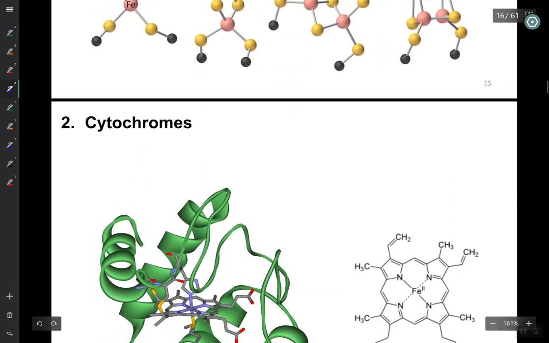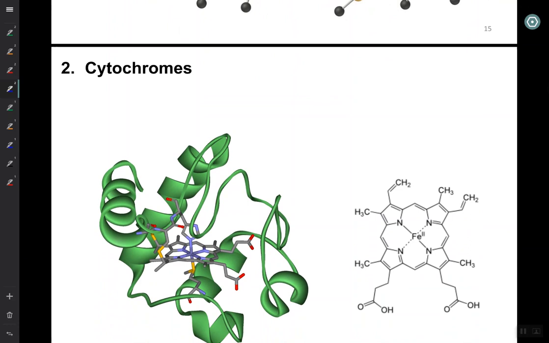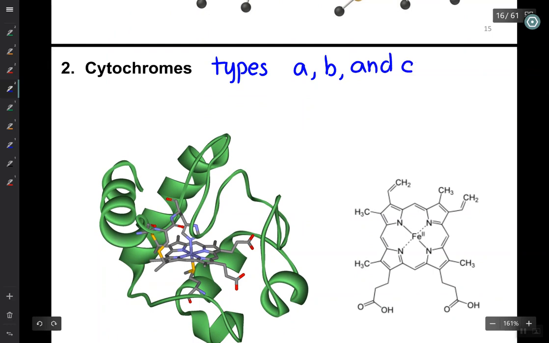The second class are cytochromes. They can be further classified as type A, B, and C, and they differ in the heme group.